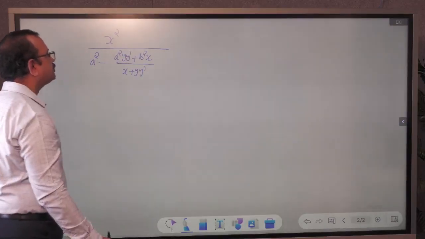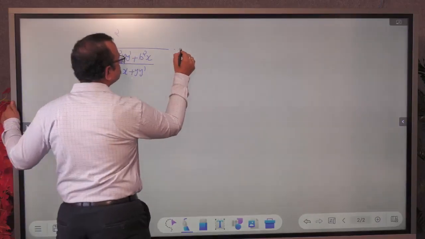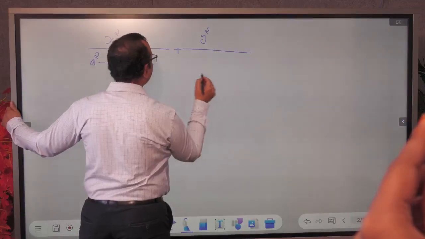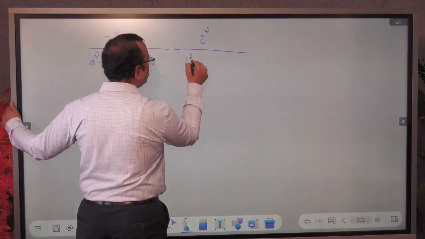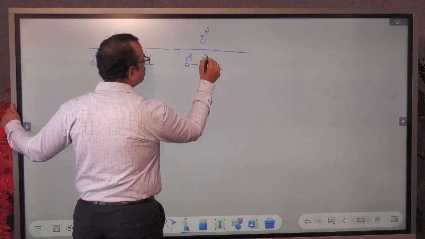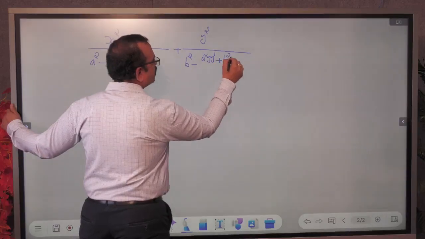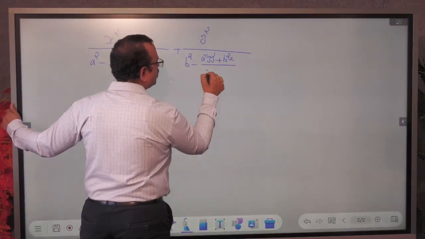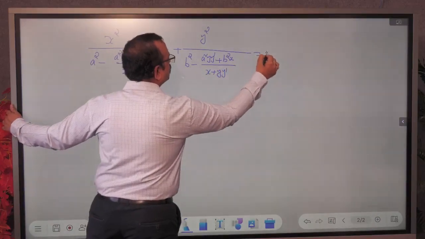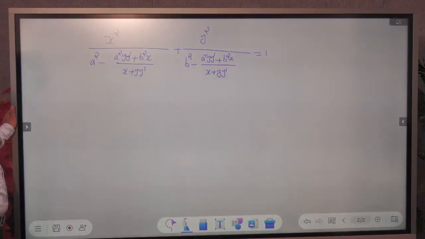A square y dash plus b square x divided by x plus y dash, plus y square divided by b square plus lambda, means b square plus lambda means again minus of a square y dash plus b square x divided by x plus y dash is equal to 1. So this is the equation after replacing lambda value in the given equation.